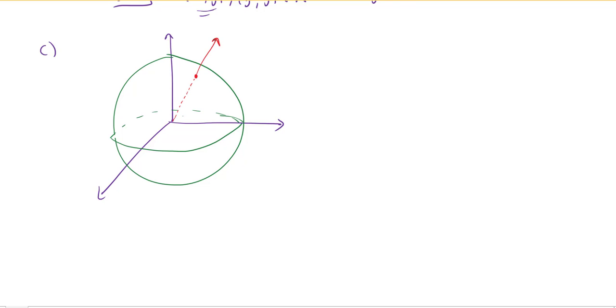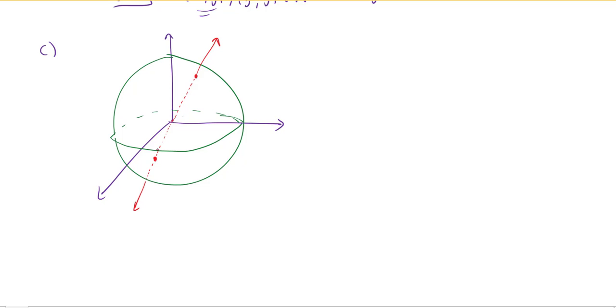All right, so this comes out here. It's going to go through to the other side, hit the sphere and then pop out. If I started with something in the upper hemisphere, it's going to go through the origin and then end up on the other side in the lower hemisphere.